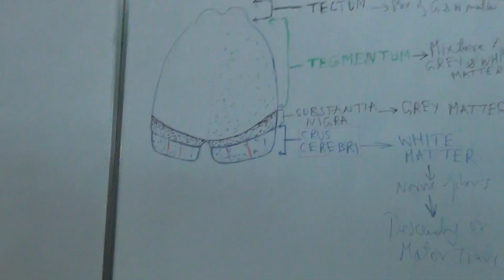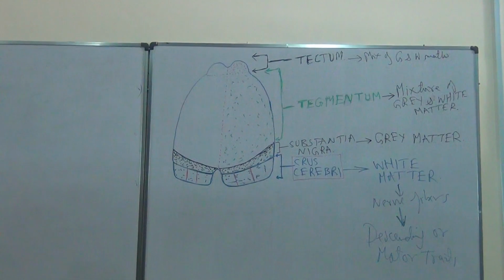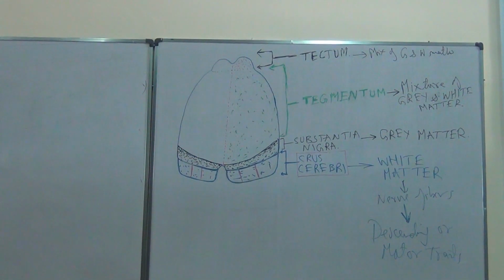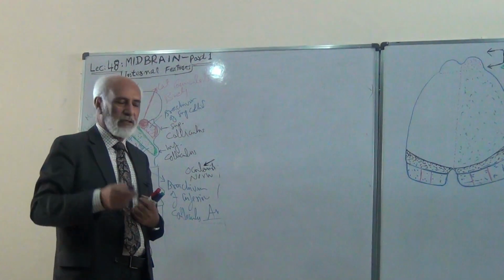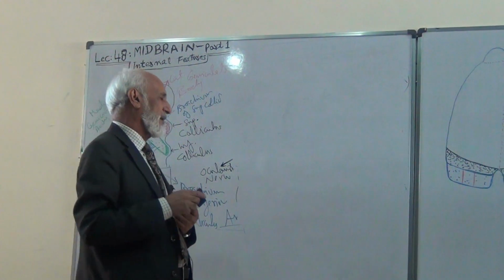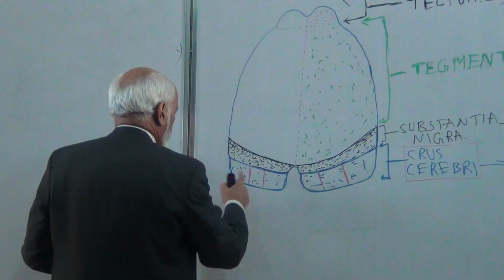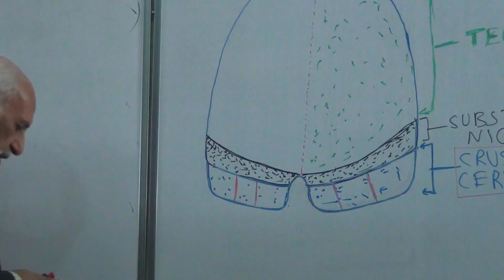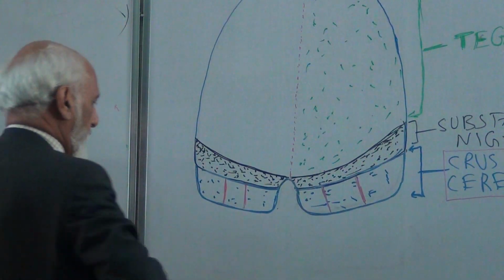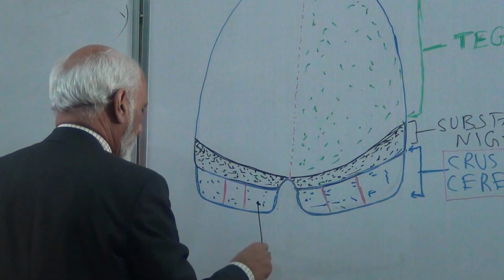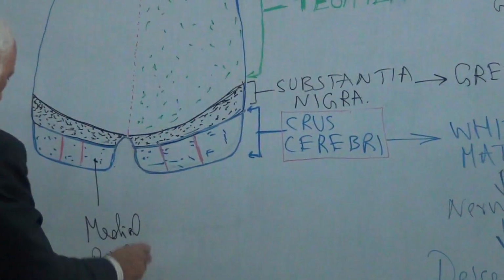And white matter is in the form of descending or motor tracts. These tracts arise from the cerebral cortex, descend through each cerebral hemisphere, then enter the midbrain where they descend through the crus cerebri and continue into the ventral part of the pons and then medulla oblongata and then spinal cord. What are the tracts? They differ in these 3 parts. Now this is the medial part of crus cerebri.